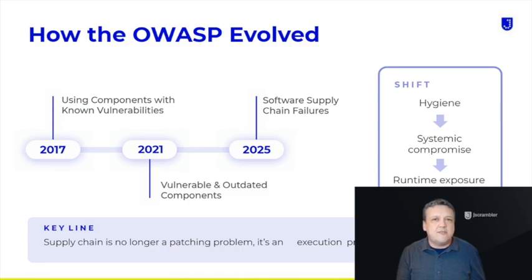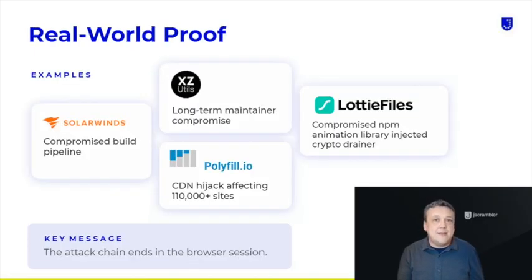So supply chain is no longer a patching problem, it's an execution problem. It's about runtime exposure, about understanding that every dependency is a potential attack surface that needs active monitoring and threat modeling. And that's what makes the OWASP 2025 Top 10 fundamentally different.